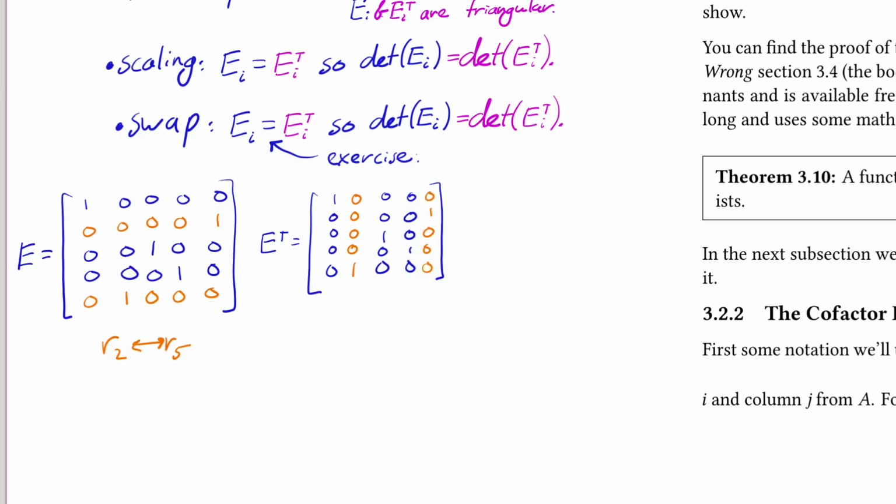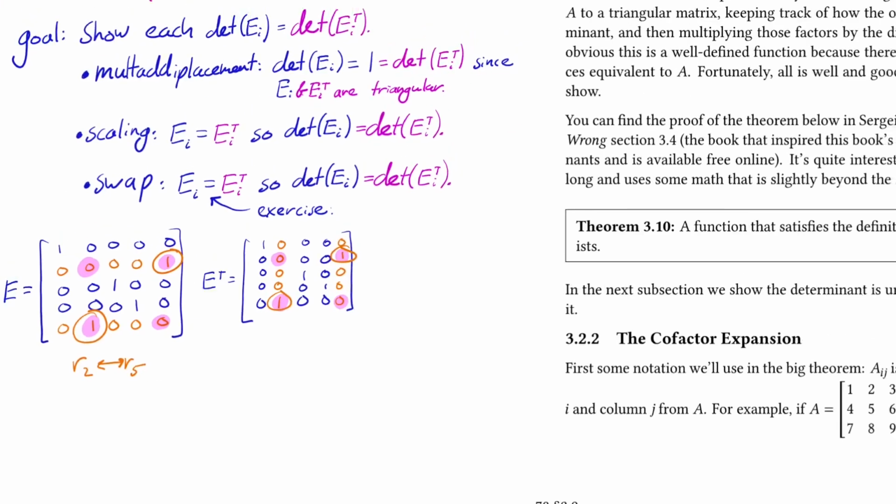So the only thing that's different about these two matrices from the identity matrix is what's right here and right here. And you can see that the ones are automatically going to be in row 5, column 2, and also in row 2, column 5. So if you get the transpose, that becomes, again, row 5, column 2, and row 2, column 5. So those are the same. So that's a quick explanation for why that works.